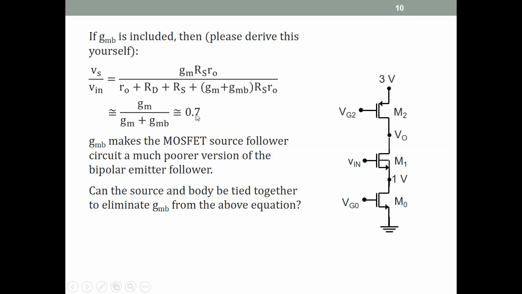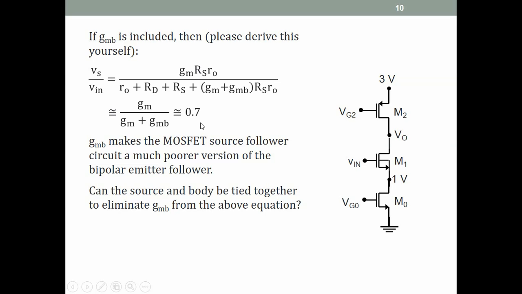So this is a major difference between a MOSFET source follower and a bipolar emitter follower. The bipolar transistor doesn't have the equivalent of a body, and so there is nothing to reduce its gain. So the bipolar emitter follower gains can be made extremely close to 1, like 0.98, 0.99 is common. For a MOSFET, it is very, very difficult. You get about 0.7, and this therefore has limited the use of source followers in MOSFET circuits.